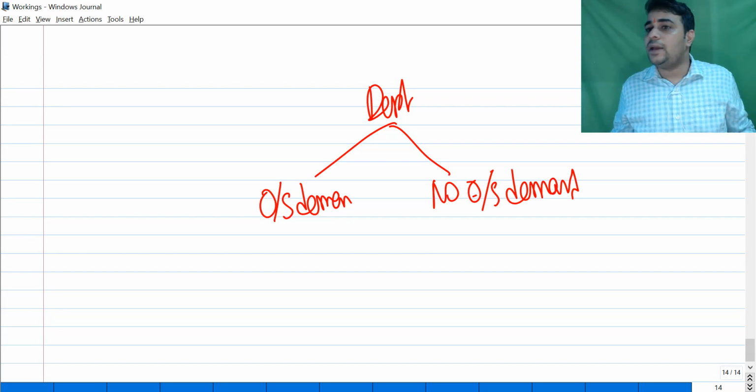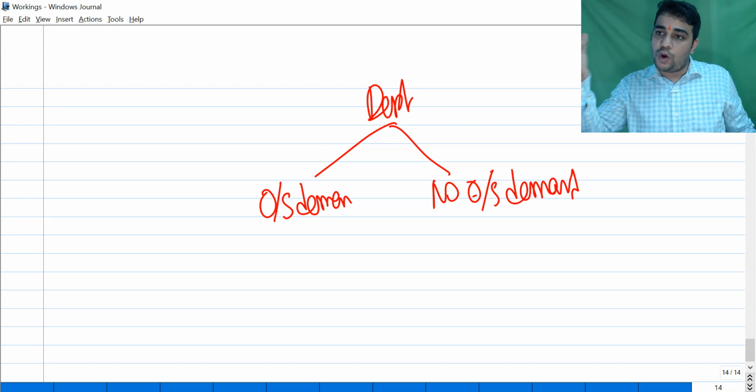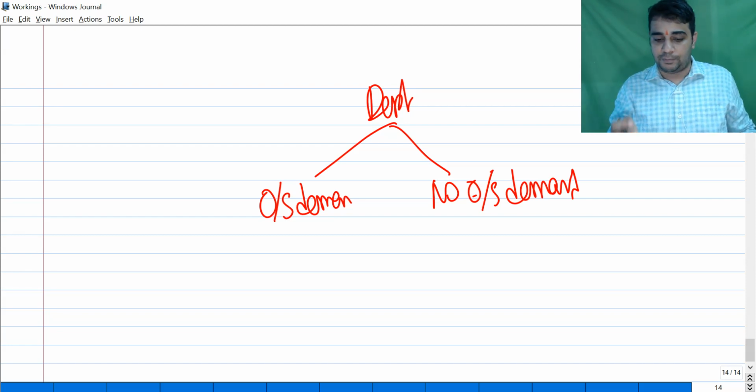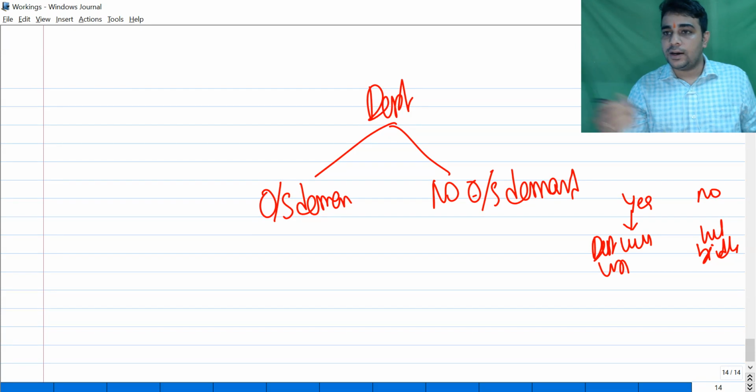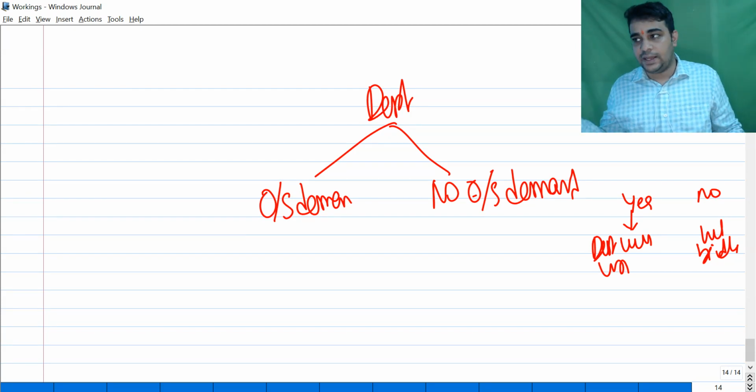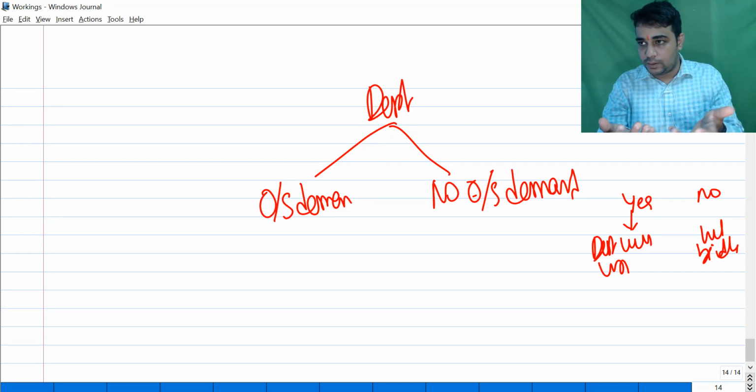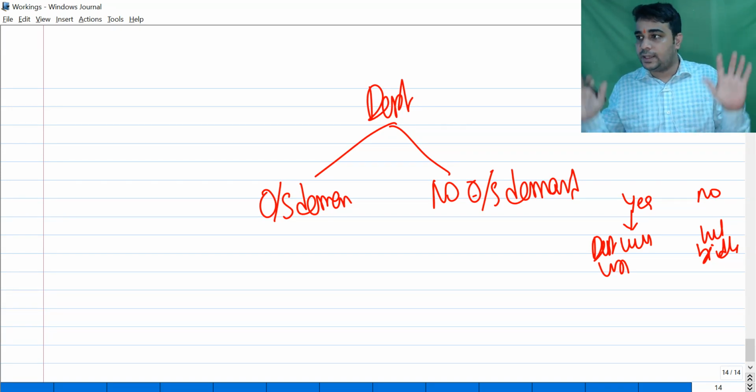When I want to use the services of this department, if you look at yes and no scenario, the department will work on this side and be idle on the other side because it does not have any outside demand. Whenever an in-house demand comes, it will work. Whenever in-house demand is not there, it will sit idle.